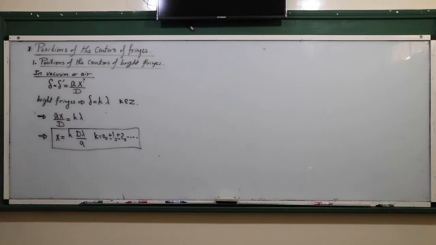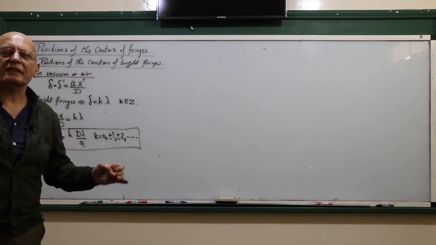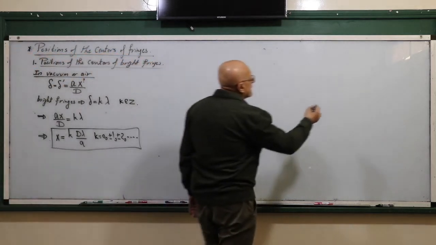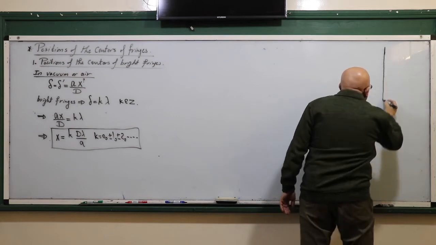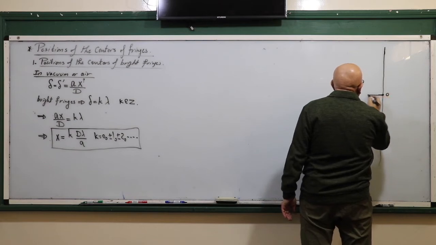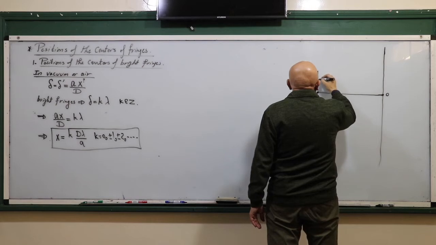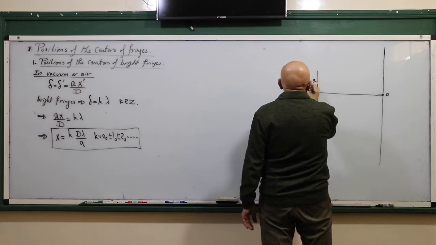Now let's indicate some bright fringes on the screen. Okay, so this is the screen. This is O. This is I. This is S1, S2, and here this is the laser beam.